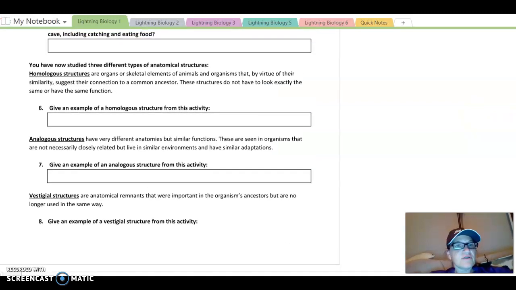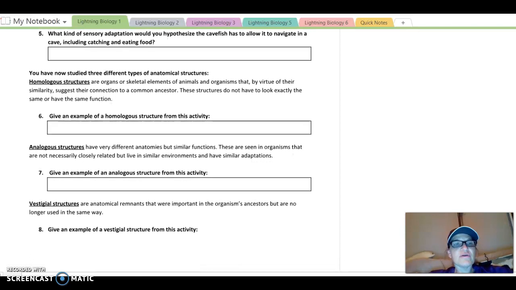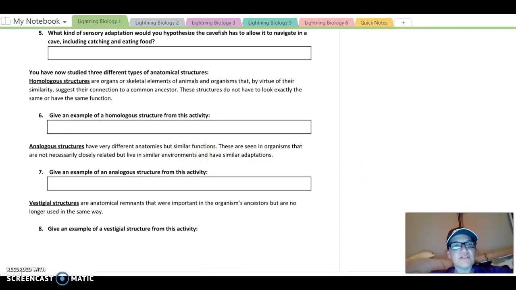Then it's going to talk about, and here's where I really want you to pay attention and spend a little bit of time just thinking about the differences. We have homologous structures. This would be like the forearm of a whale and the forearm of a human. Very, very similar in structure, bone structure, same bones, same layout, same plan, just maybe size and shape a little bit different.